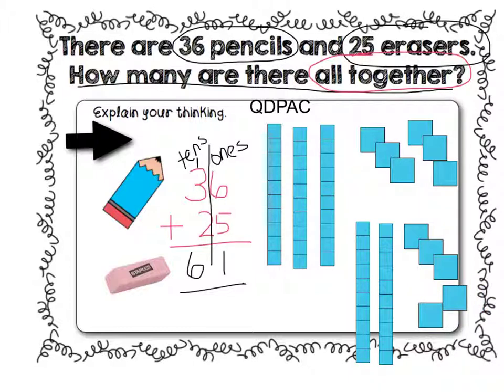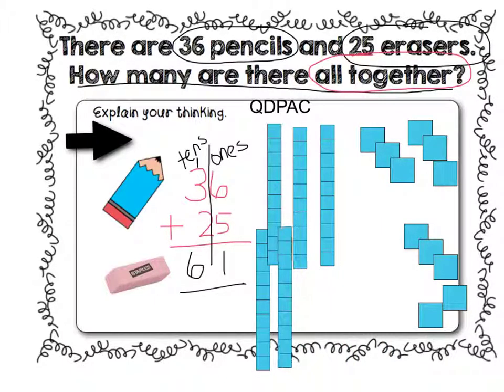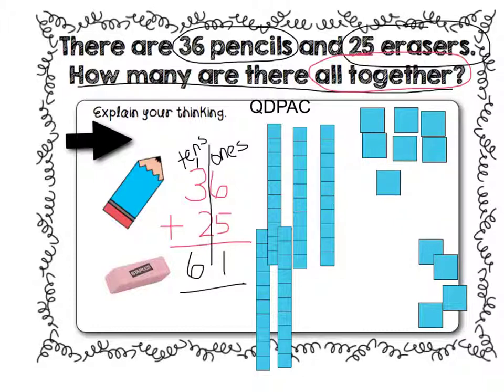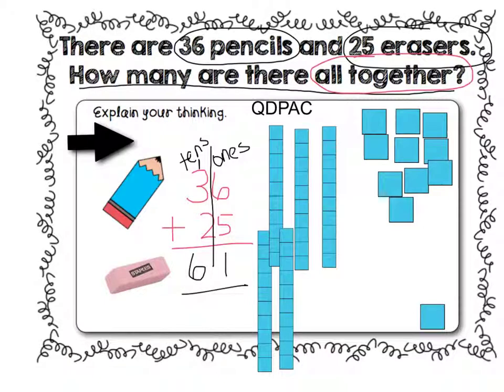So now I need to add up all of my ones place. I'm going to move those over a little bit so I can count them up. I've got 1, 2, 3, 4, 5, 6, 7, 8, 9, and 10. Now when I get 10 of these ones, I'm going to need to get rid of them and trade them for a 10.